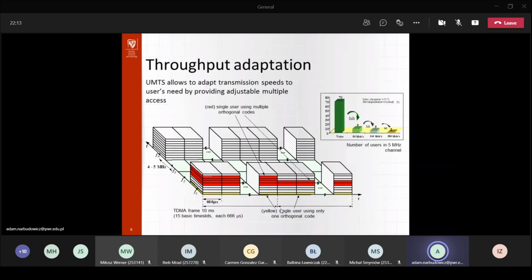So I mentioned earlier on that the GSM standard introduced a combination of time domain and frequency domain multiple access techniques. And with UMTS, there is some introduced CDMA, or code division multiple access.